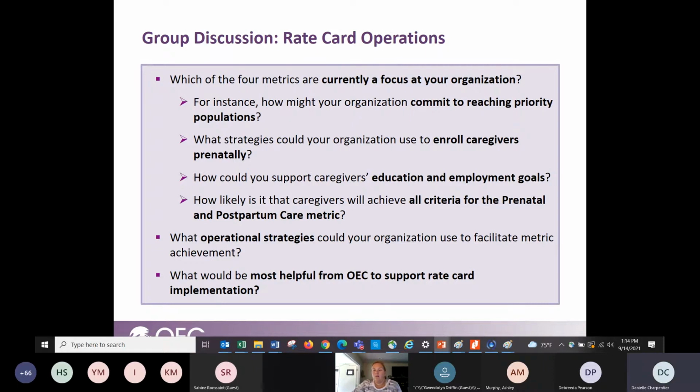It looks like folks have focused on prenatal enrollment. And depending on where you are in Connecticut, reaching priority populations can be a challenge.